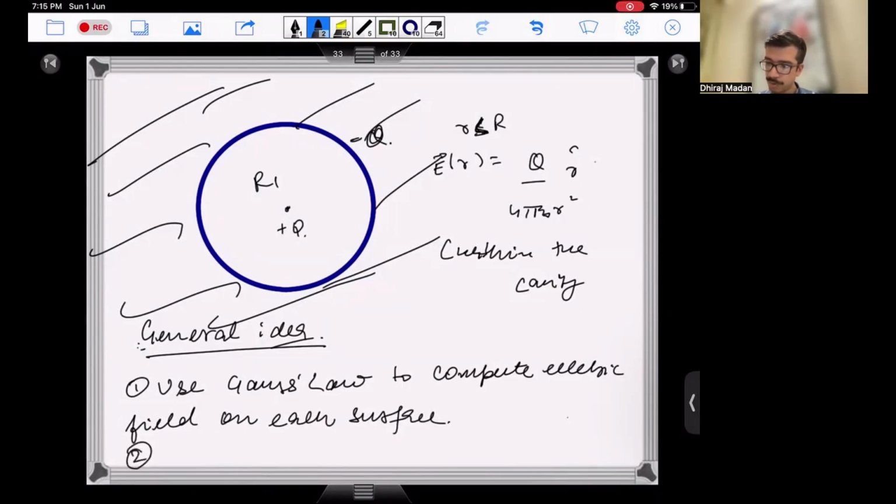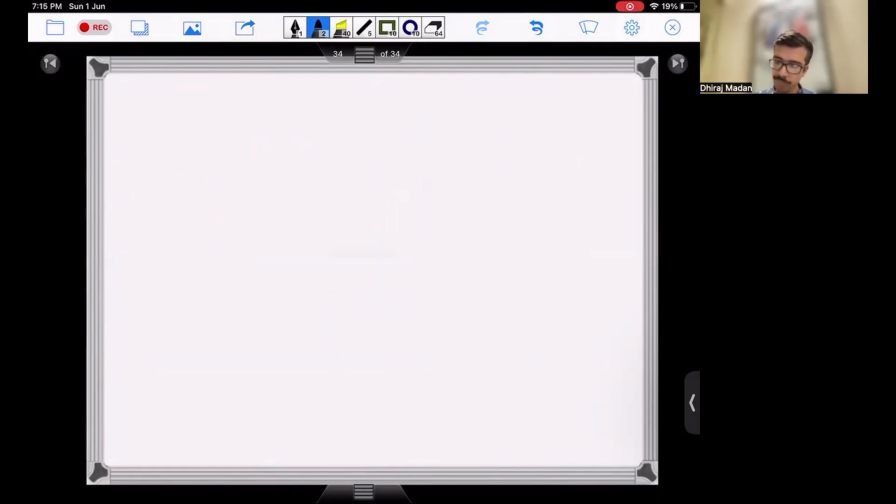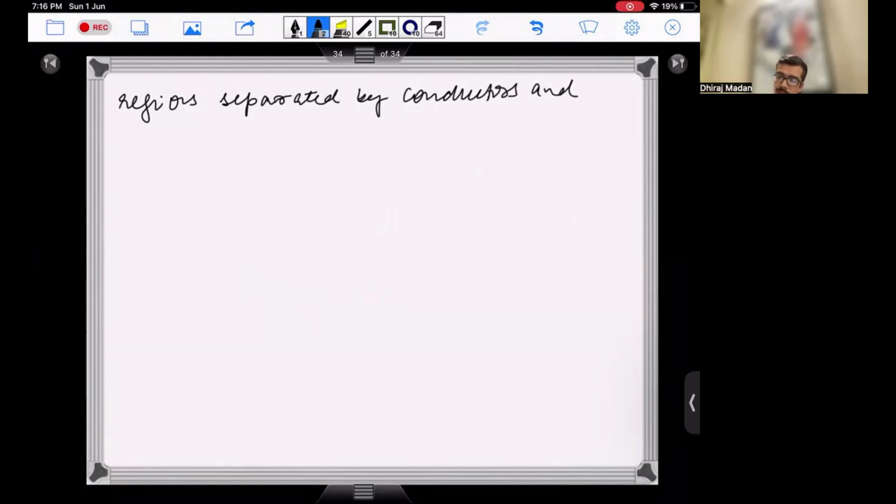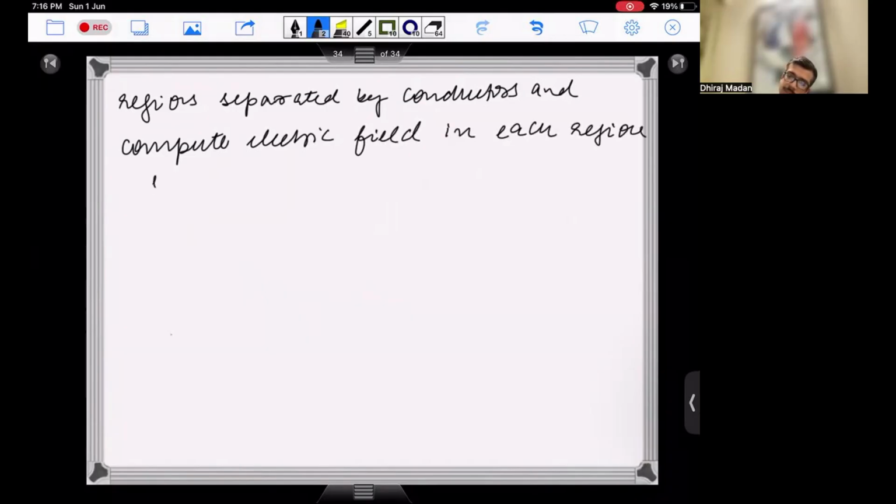Secondly, use the uniqueness theorem to divide the regions separated by conductors, and compute the electric field in each region separately.